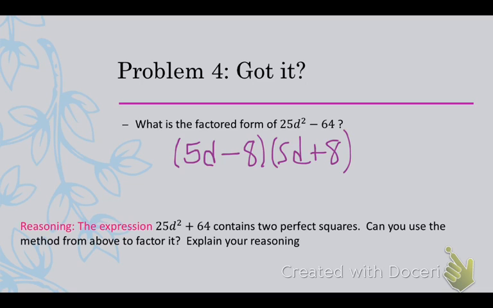And then the question down here says, could I do this with 25d squared plus 64? Alright, it contains two perfect squares, so can I use the method above? You should have thought to yourself, no. This is called the difference of squares, and difference means subtraction. So it only works when you have a minus sign in the middle. When you have a plus sign, it's not going to work. That's not how it works.